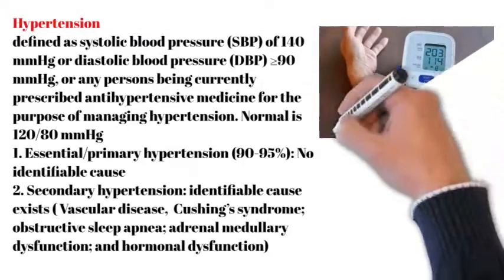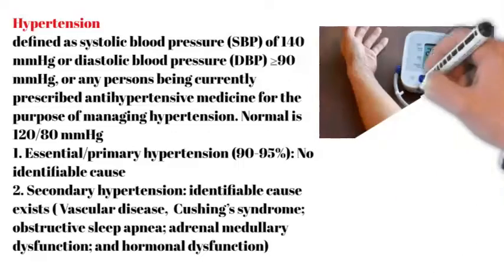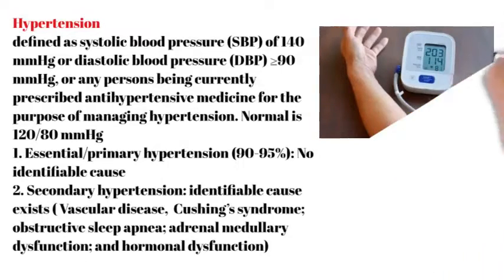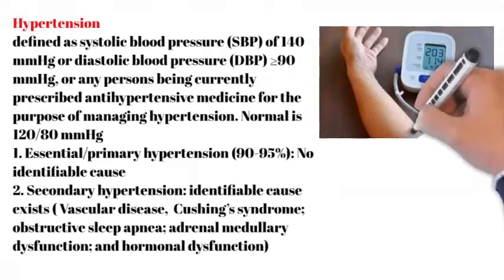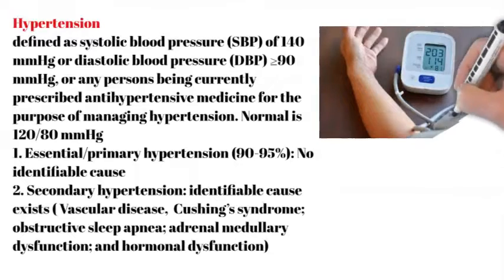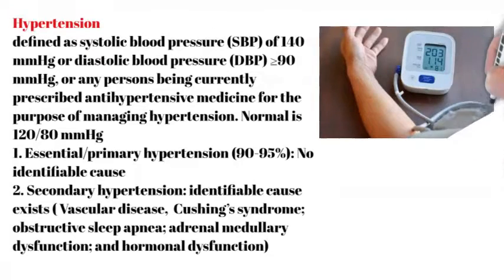Two types: essential, primary hypertension 90 to 95%, no identifiable cause present. Secondary hypertension, an identifiable cause exists. Example: vascular disease, Cushing's syndrome, obstructive sleep apnea, adrenal medullary dysfunction, and hormonal dysfunction.